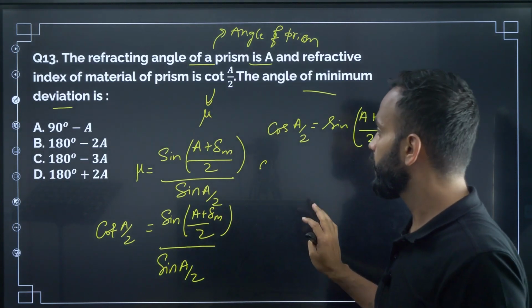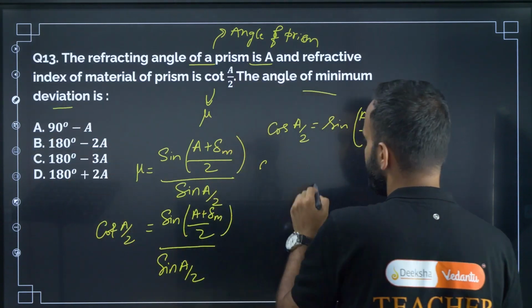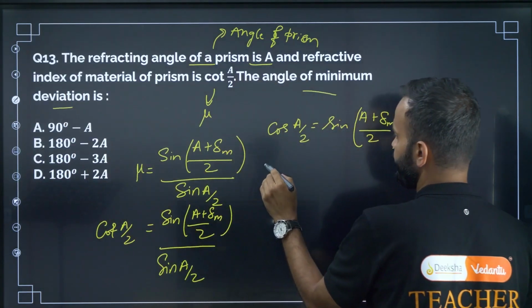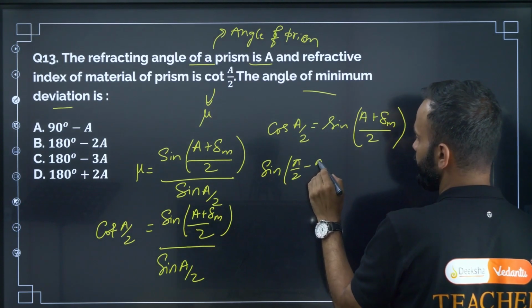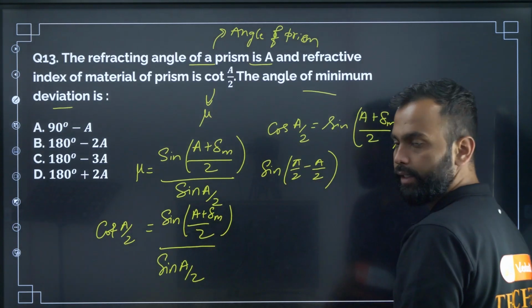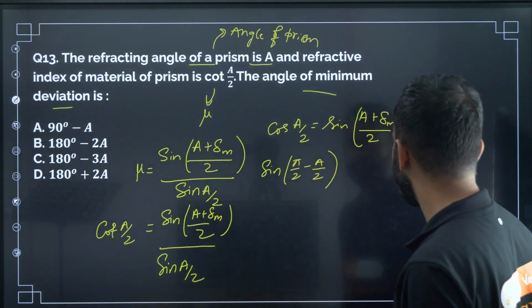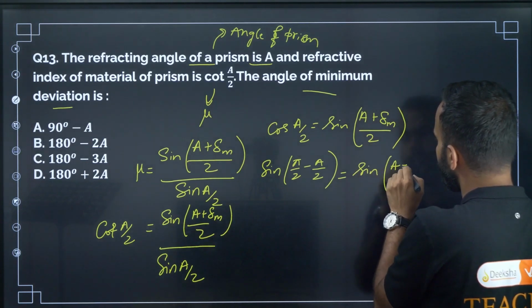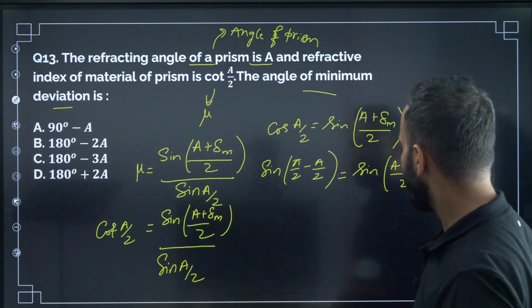So I can write cos A by 2 as sine of (pi by 2 minus A by 2). Sine of (90 minus theta) is cos theta, equal to sine of (A plus delta m) divided by 2.